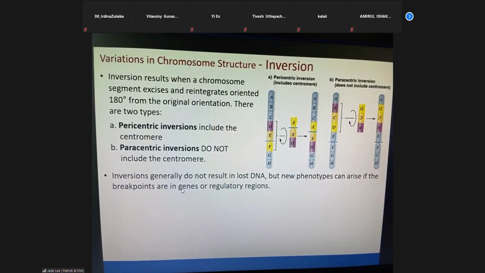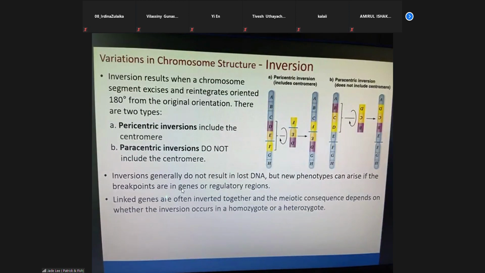Kalau dia tidak banyak, dan dia tidak involve dalam gene regulatory regions tu, tidak nampak jelas phenotype dia.